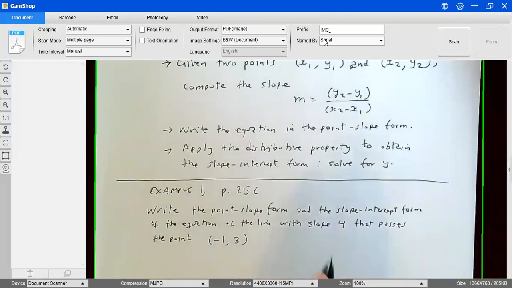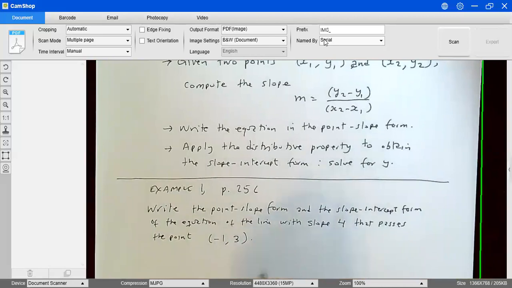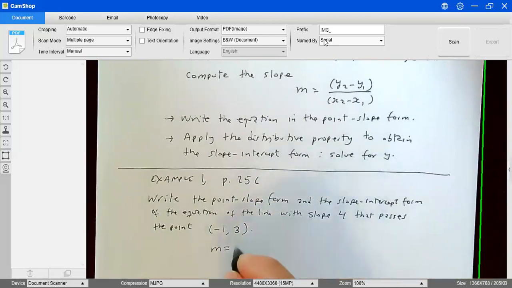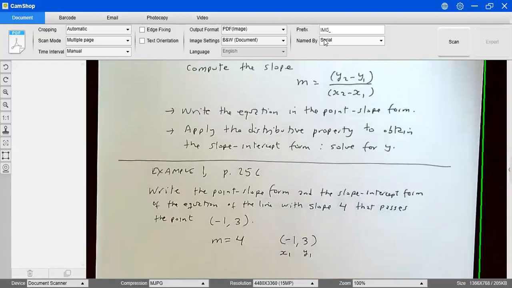So we know the slope and we know a point. In this case, it's not hard. You just know that the slope is 4 and you know that the line passes through this point. So you just need to label the coordinates.